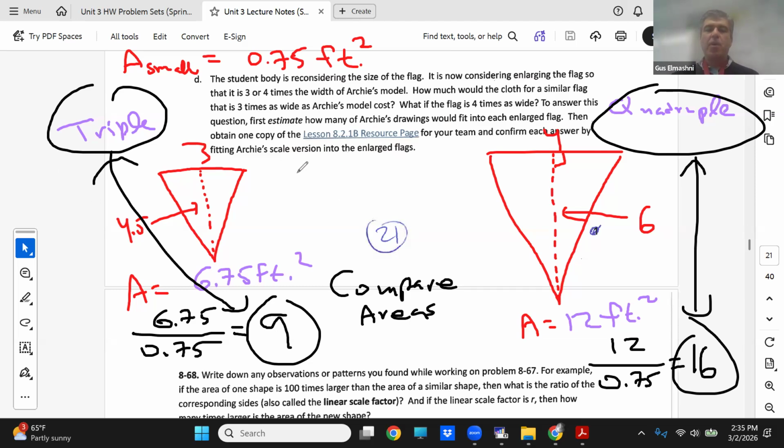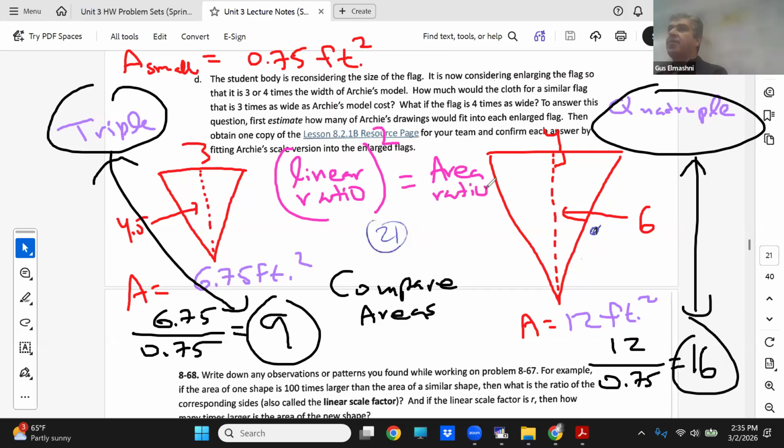All right. So very important: the linear ratio squared equals the area ratio. Linear means a side length. So if you triple the base or triple the height, that's linear because that's just a line. If we square that, that gives me the ratio of the areas.